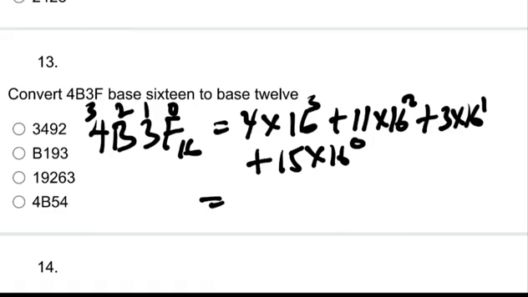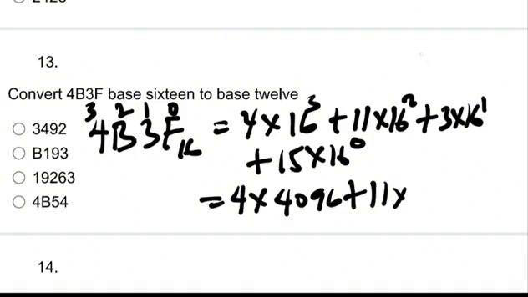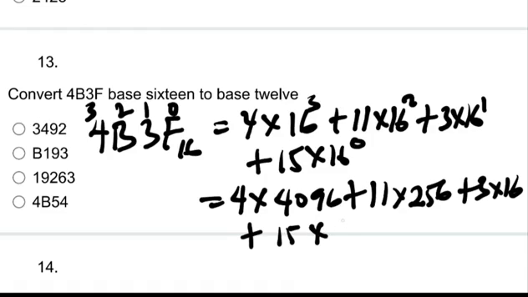So we multiply this. This will be 4 multiplied by 4096 plus 11 times 256, plus 3 times 16, plus 15 times 1.